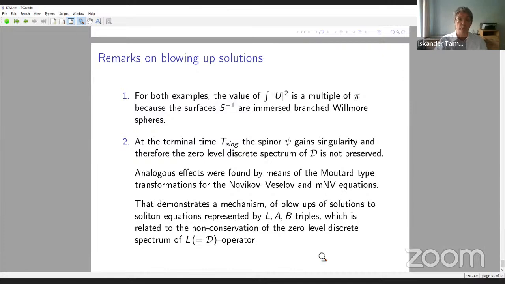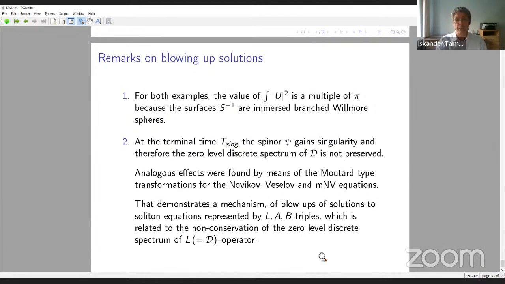What is another point which I would like to stress? At the terminal time, the spinor psi gains a singularity, and therefore the zero-level discrete spectrum of D is not preserved. This is in contrast with Lax pairs, where the discrete spectrum is preserved, and that's actually used in the inverse scattering method for solving the KdV equation and some others.